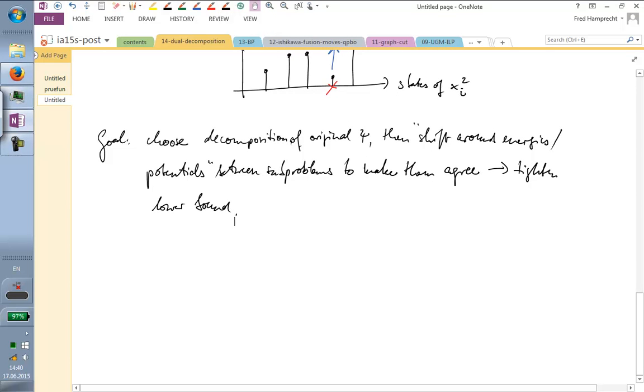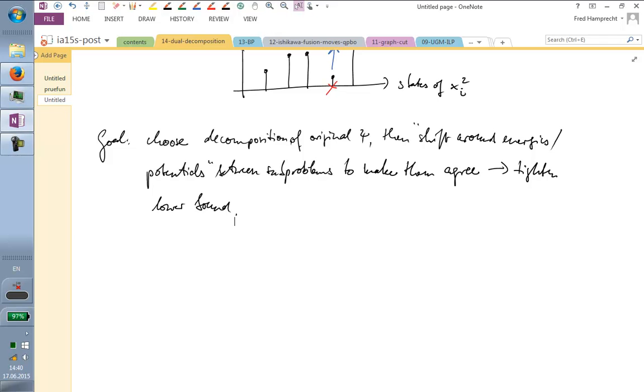Is it also allowed for the labels to change to another one? For example, one subproblem says 2, one says 4, then we change energies and then maybe both agree on 3? Yes, that can happen. So one has label L, one has label K, and then in the end we find a label M for both.